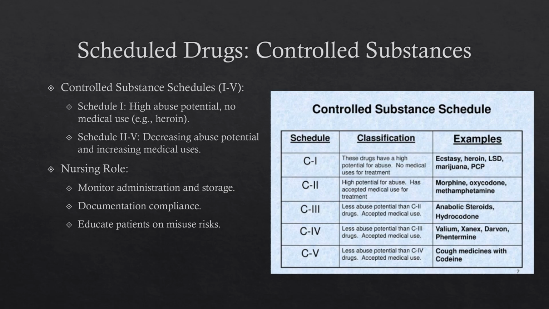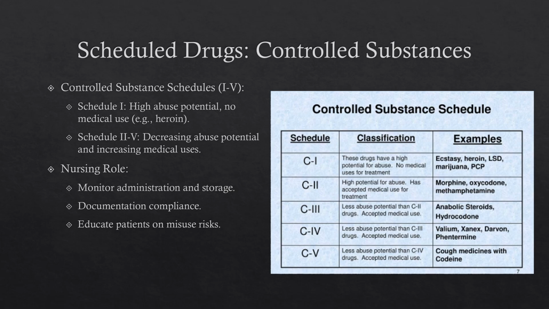Schedules 2 through 4 have decreased abuse potential and increasing medical uses. You see on our chart, schedule 2 has a high potential for abuse, so morphine, oxycodone, methamphetamine.